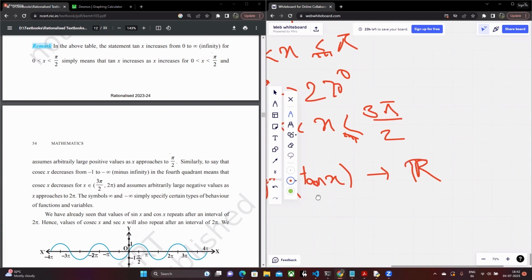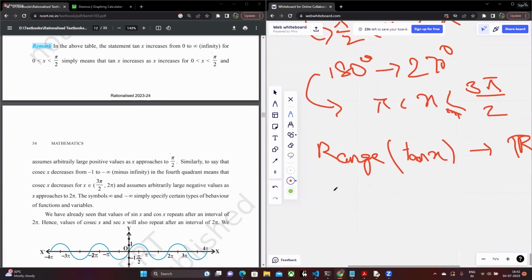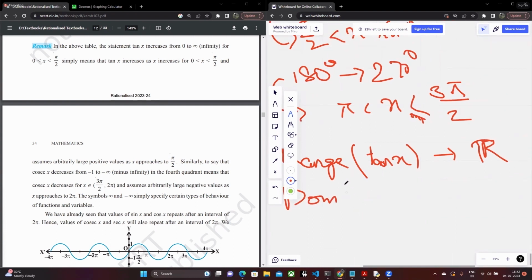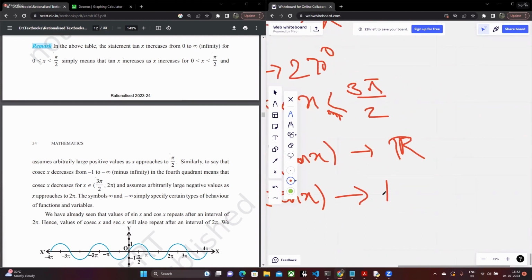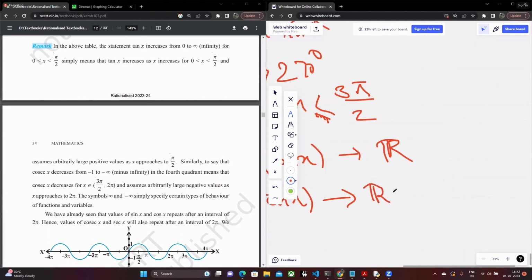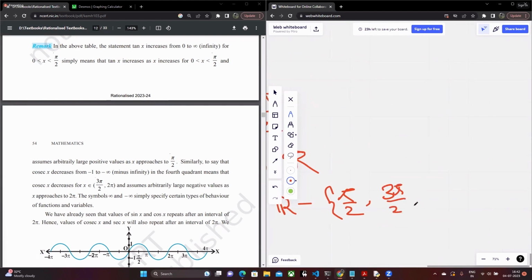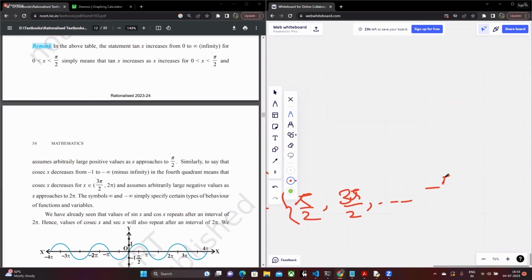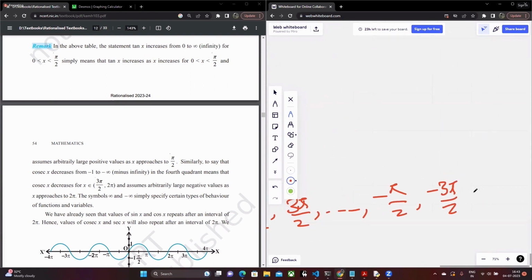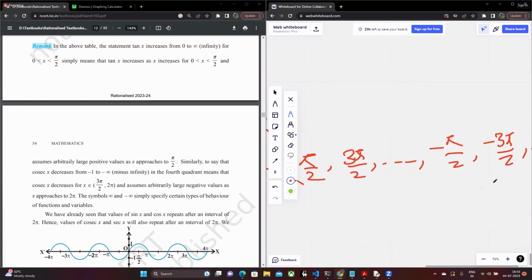Tan x can get the value of all real numbers, but the domain of tan x is all real numbers minus the set of pi by 2, 3 pi by 2, and so on, and minus pi by 2, minus 3 pi by 2, and so on.